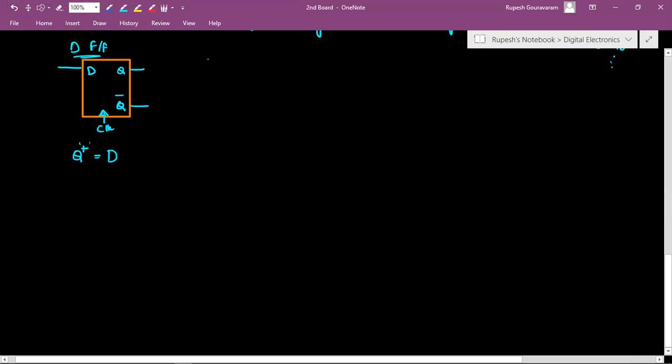For the D flip-flop, there are two tables. First one is known as the excitation table, and the second kind of table is known as the state table. Excitation table and state table. First, see what is a state table.